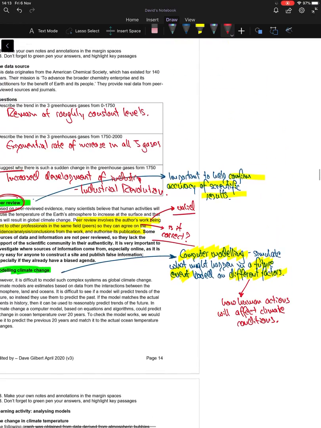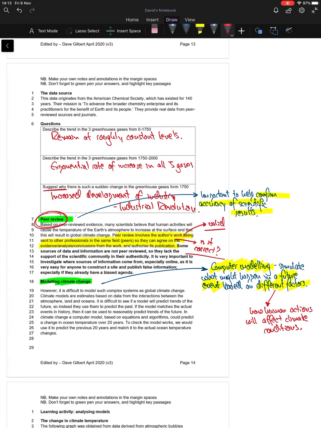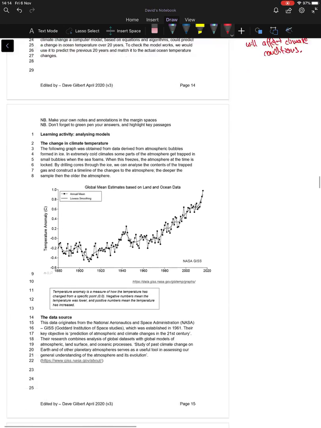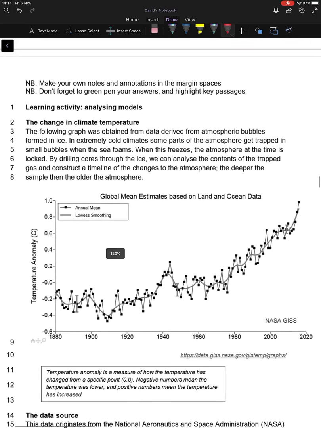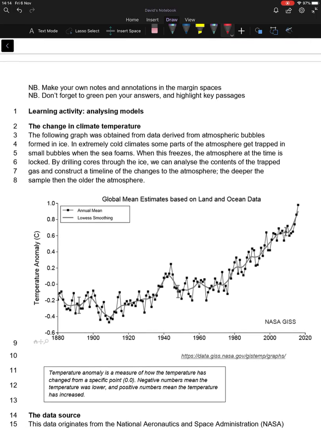So make sure you've made some notes from that page. Pause the video where you need to. And then if we just go on to our final section. So let's have a little read through this page.